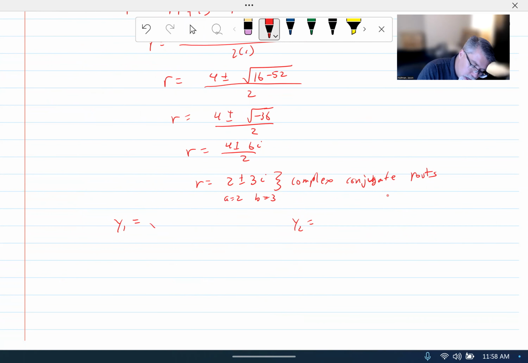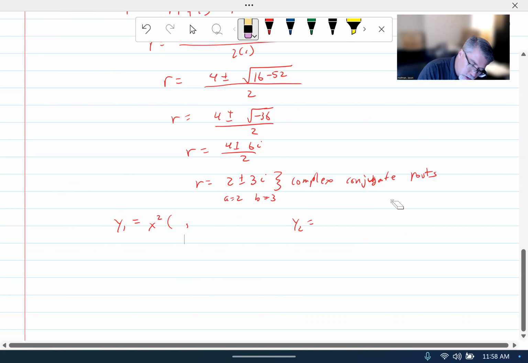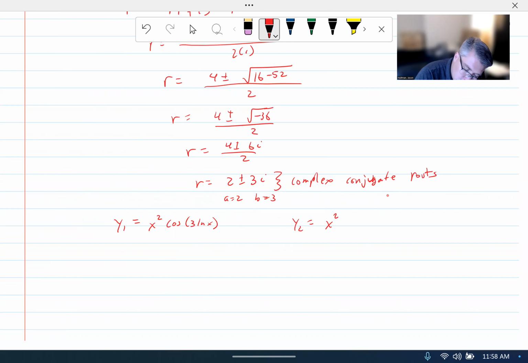So y1 is x squared times the cosine of 3 natural log x, and y2 is x squared times the sine of 3 natural log x.